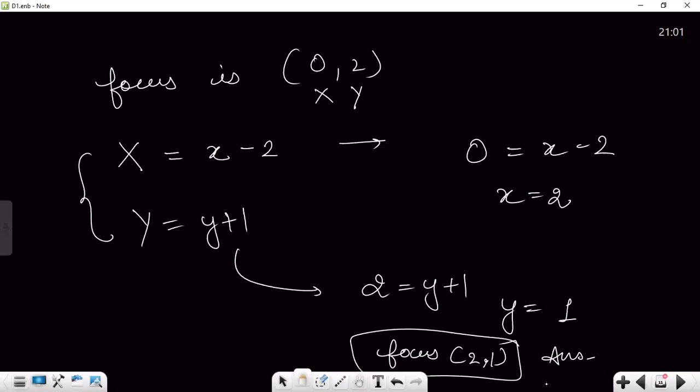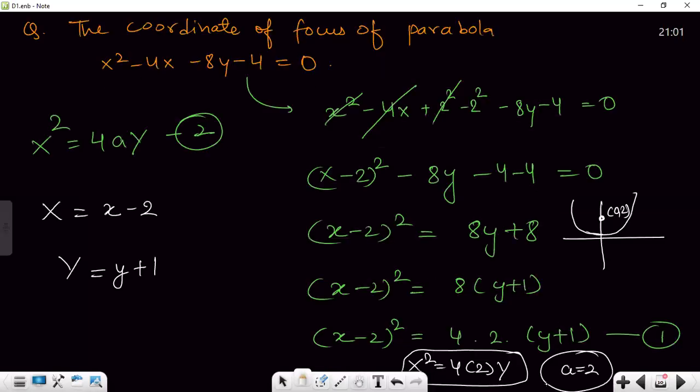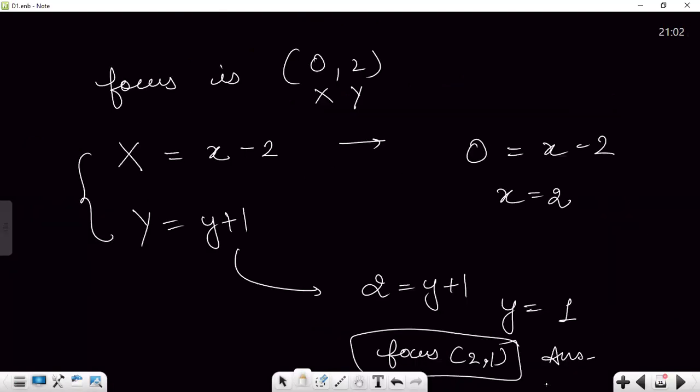Please understand this is an important point. What we did in the last step is really special. Here the focus 0, 2 was as per the capital X and capital Y coordinate system. Then we converted our focus to 2 and 1 as per our small x and small y coordinate system.